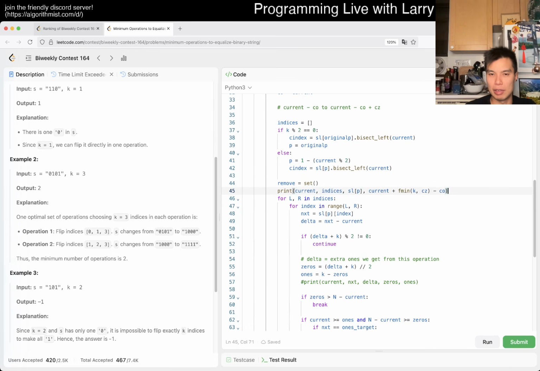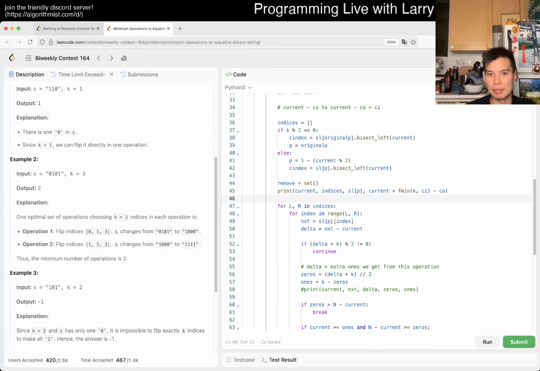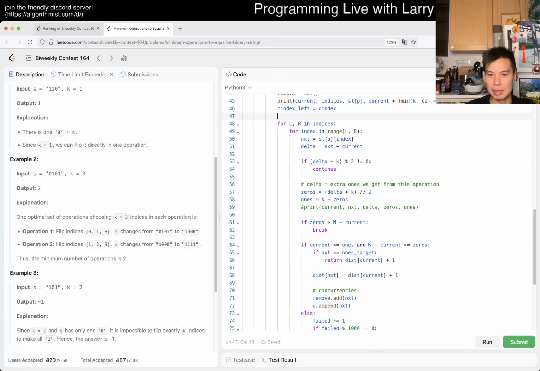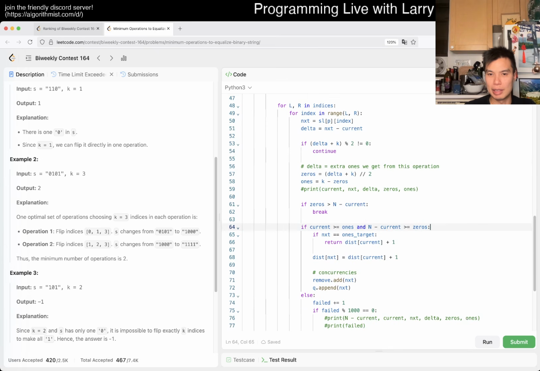So here we just go C index left is equal to C index right. There's a bisect left, so when we go right, I think it doesn't even matter. Yeah, because eventually this condition will be wrong, and then we just break.